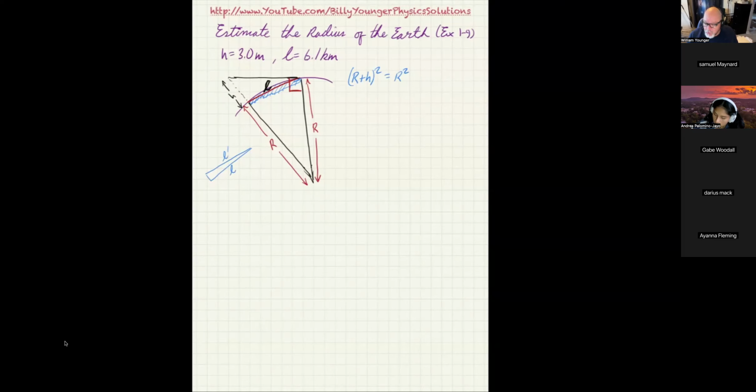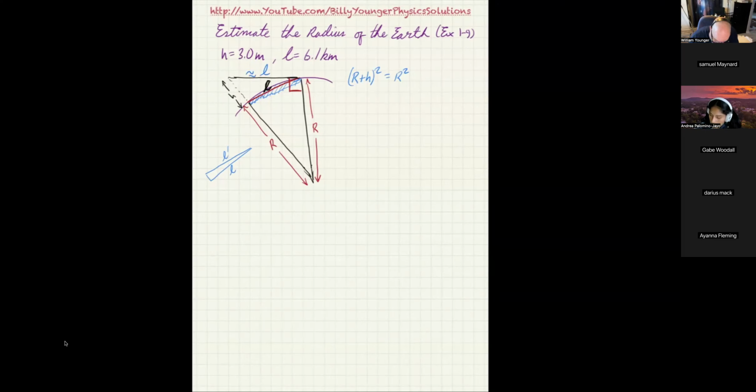So that's what we're going to do. Even though we know L is really the red line, it's so close to the other line that we're going to say this is approximately equal to L. So I'm going to say this length is approximately equal to L.